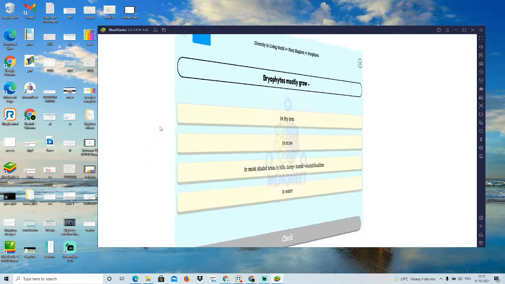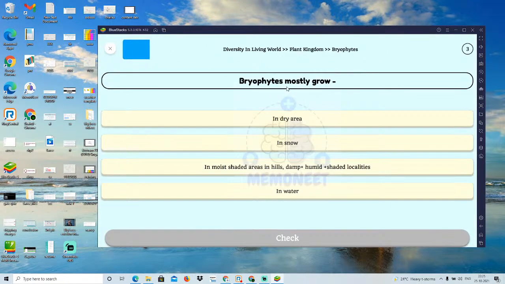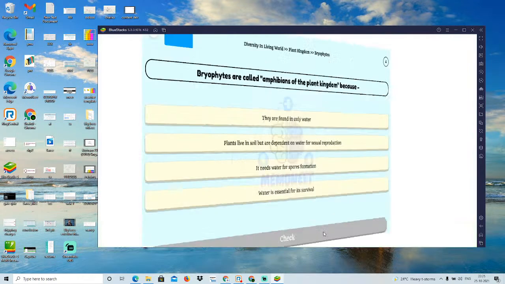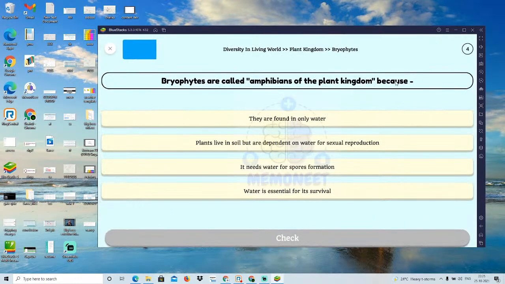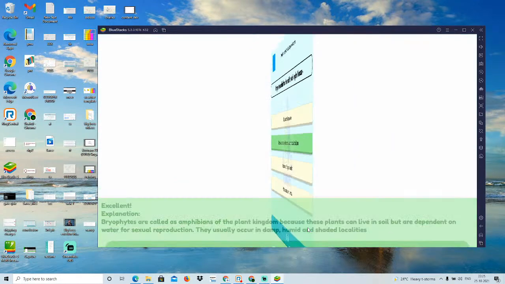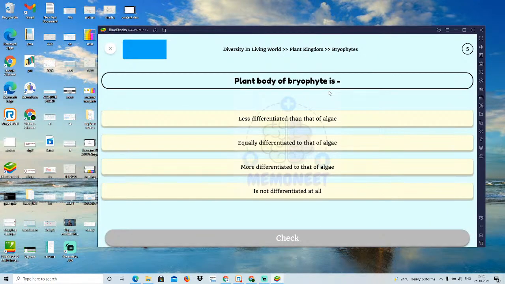Bryophytes mostly grow in moist, shaded areas. Bryophytes are called amphibians of the plant kingdom because they depend on water for sexual reproduction. The plant body of a bryophyte is more differentiated than that of algae.